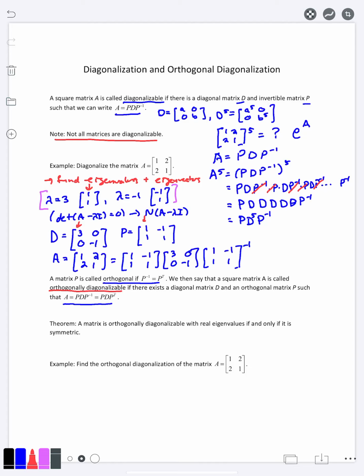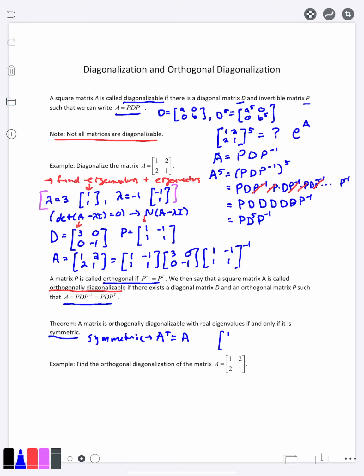It turns out there's actually a really easy condition to check whether something's going to be orthogonally diagonalizable or not, and that's just whether the matrix is symmetric. And in case you've forgotten what symmetric is, that's when you take the matrix and transpose it and get it back to itself.